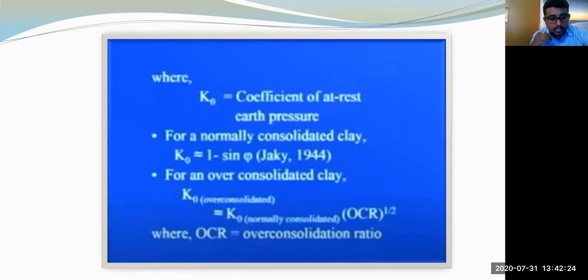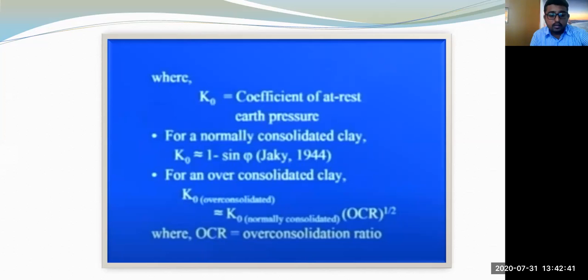Now let us see what exactly this K naught is. K naught is the coefficient of lateral earth pressure at rest condition. Here we have found these values of K naught based on experiments and the engineering behavior of particular soils.